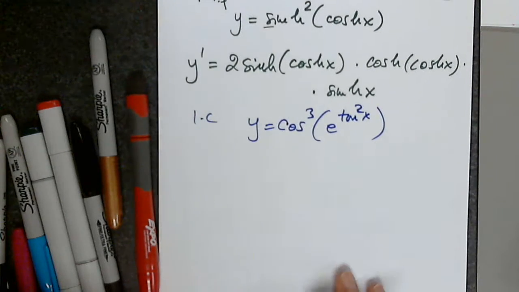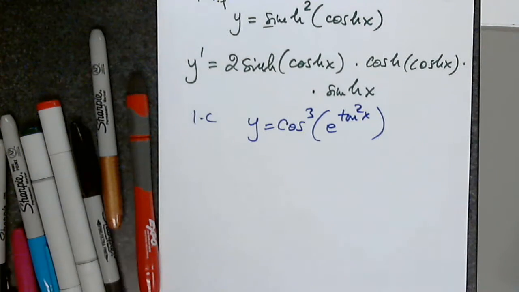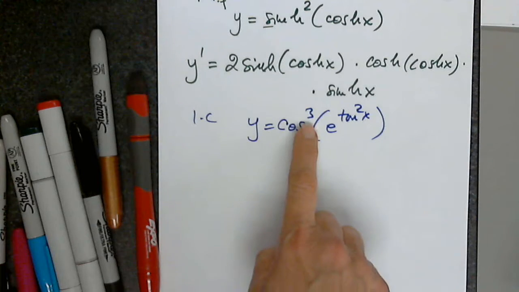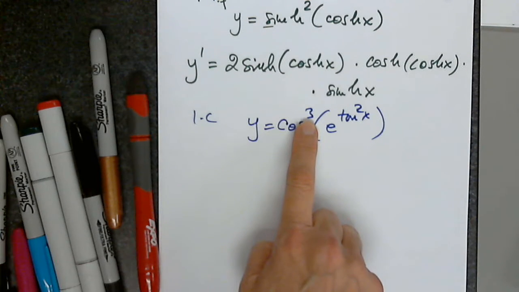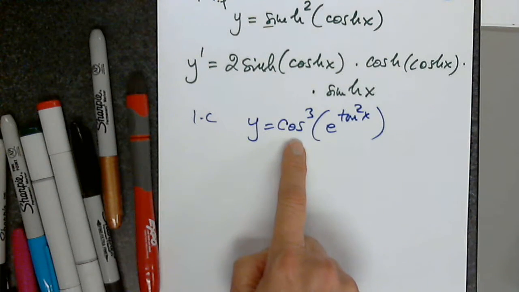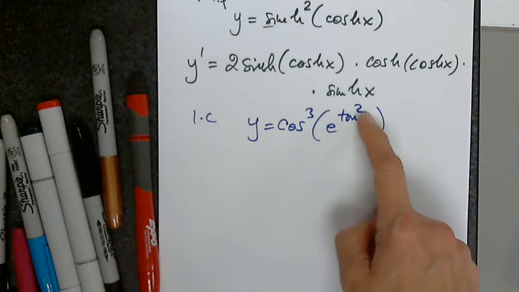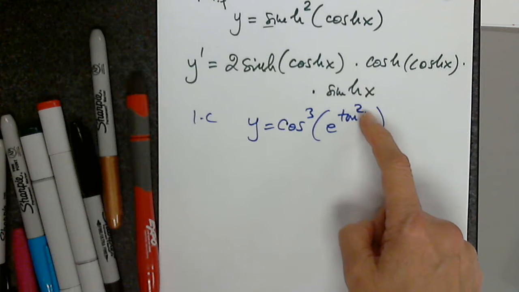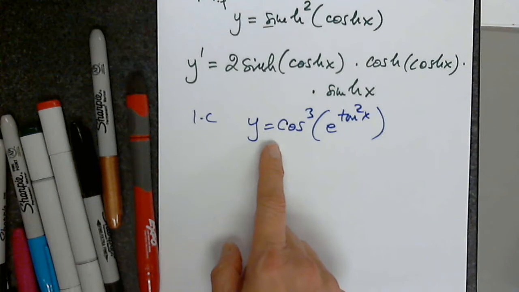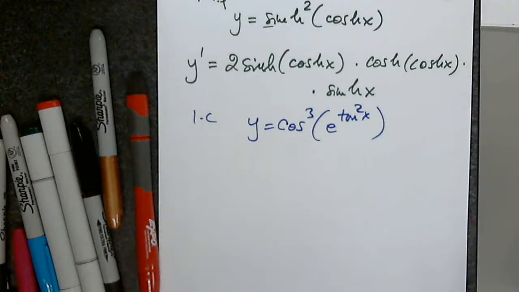The thing is, e raised to tangent squared x. That's it, right? Okay. So now let's talk about the layers here. The outside is power 3. Then I have cosine. And then I have e to u. And then I have u prime. So power 3, then cosine, then e to u, then u prime. A lot of steps.